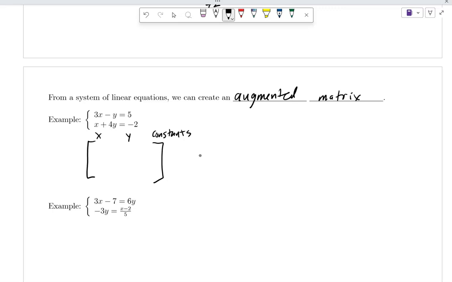To denote where the equal sign is, we'll put a vertical bar. That won't appear in your calculator, but you'll need to remember that there's a vertical bar there when you're doing your augmented matrices. And then you just write your coefficients in. Notice that all my x's are going in the first column, all my y's in the second column, and my constants in the last one.